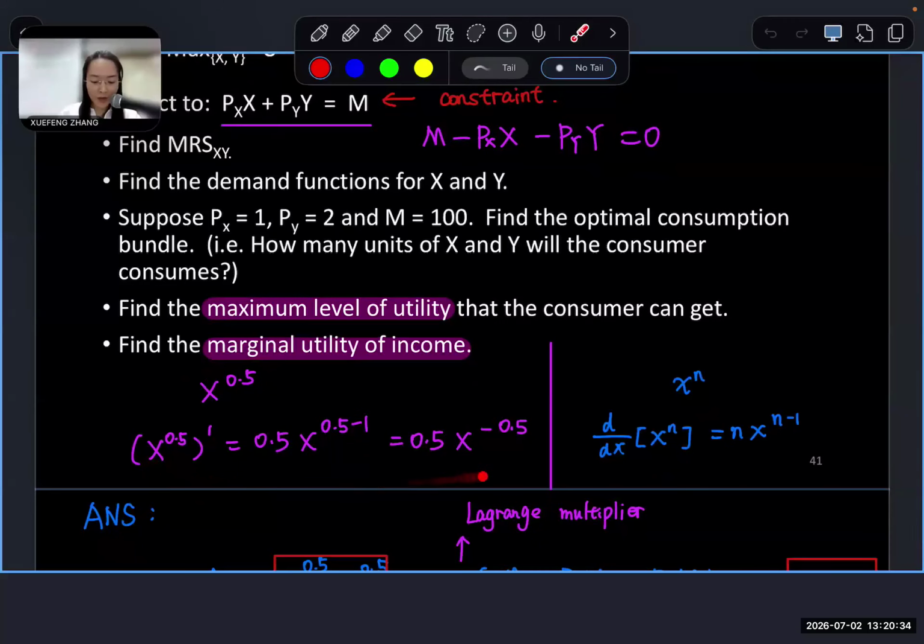And here I showed you the example, x power half. So we take the derivative, that's going to be half times x power half minus 1, right? So here we have 0.5 times x, and then here is negative 0.5.